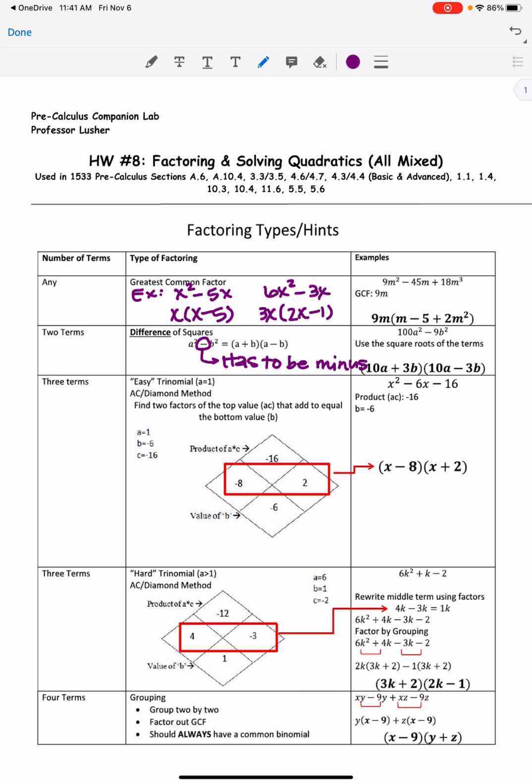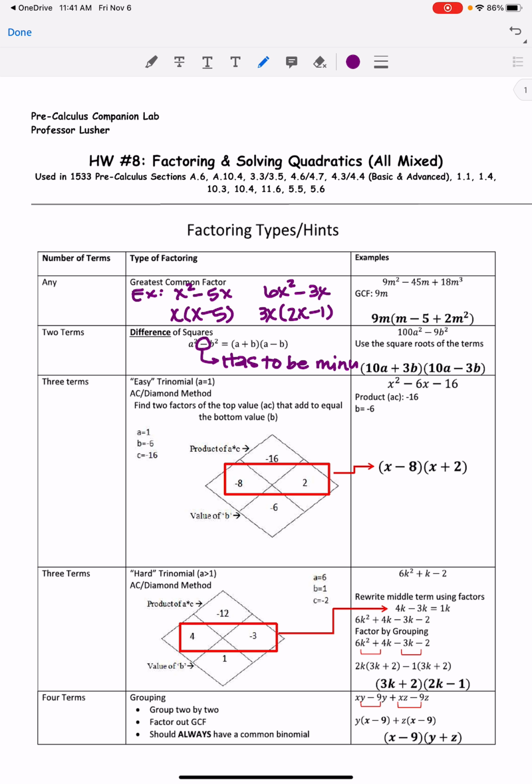Their example over here is 100a squared minus 9b squared. So all they're doing is taking the square root of both. The square root of 100a squared is 10a. The square root of 9b squared is 3b. And then you've got 1 plus and 1 minus.